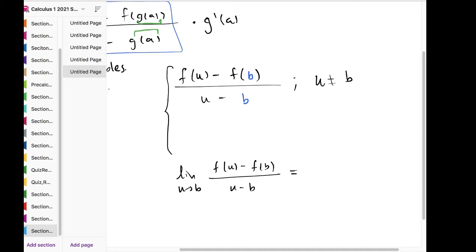What does this look like? This should be ringing a lot of bells. What does that look like? So again, just get rid of the u. What does it look like? Use the placeholder.